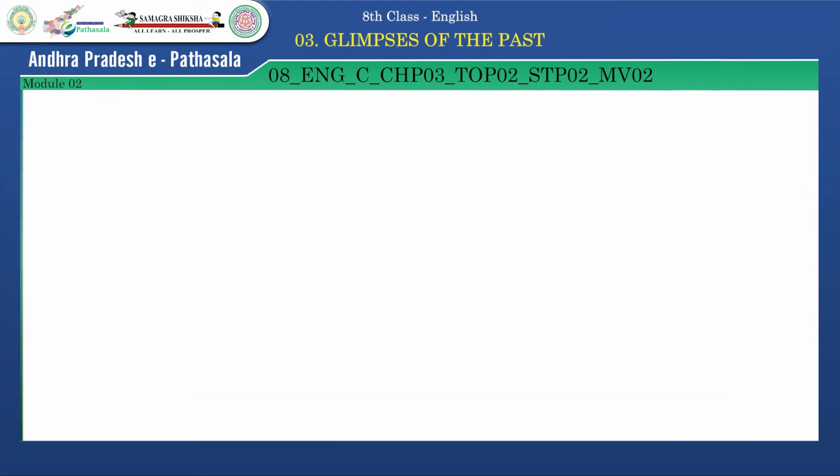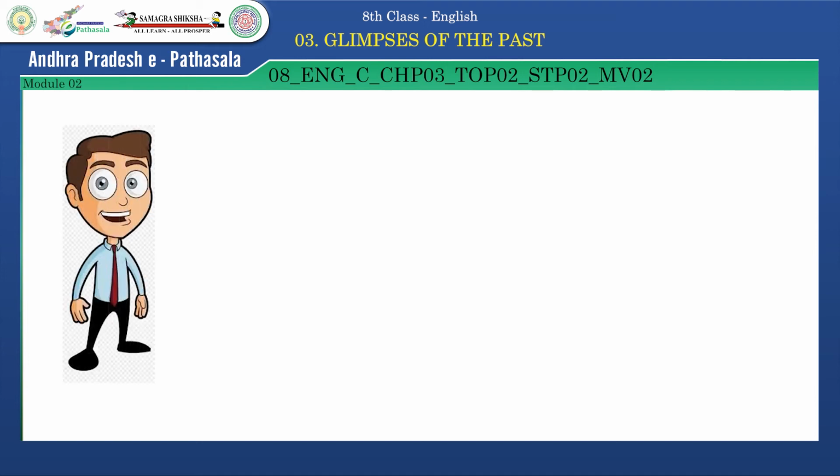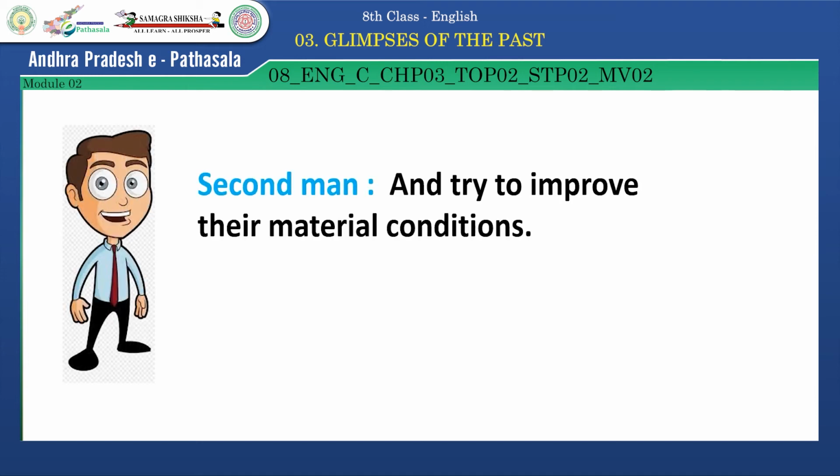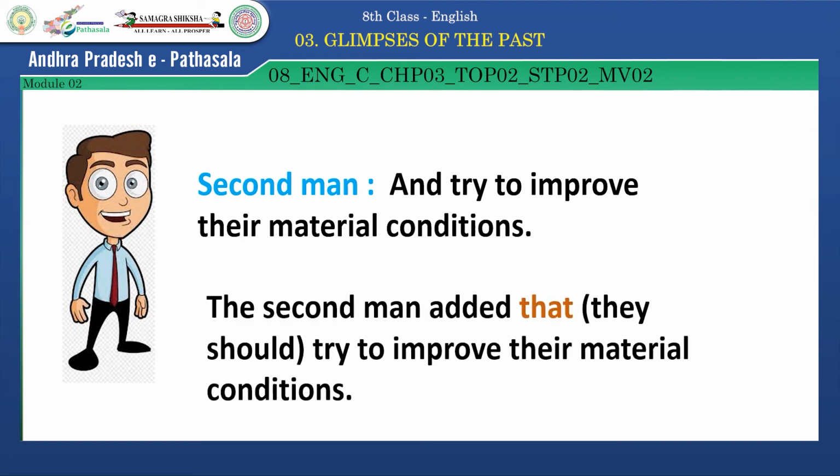Let's see the second sentence. The second man added, and try to improve our material condition. So when we change this into indirect speech: the second man added that they should try to improve their material conditions.